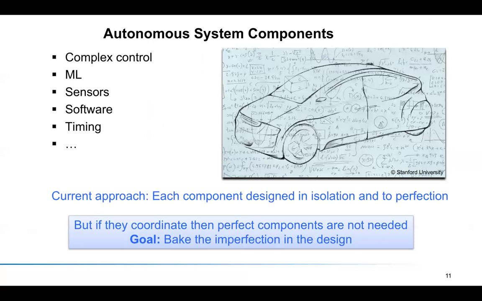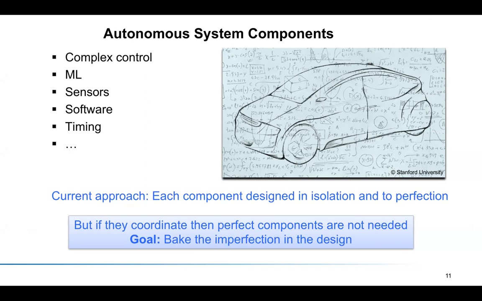Now, if you look at today's complex autonomous systems, such systems are made up of a large number of components. On one hand, there is control. The control is increasingly becoming more complex. Then there is a lot of machine learning. Your cameras or radars or lidars, whatever they capture, that is passed through a machine learning or a neural network component, which will probably do some classification or some estimation, which then is fed into a controller that computes a control input.